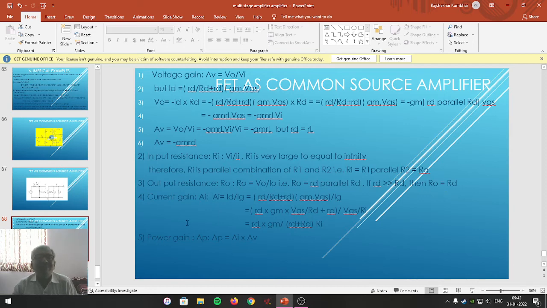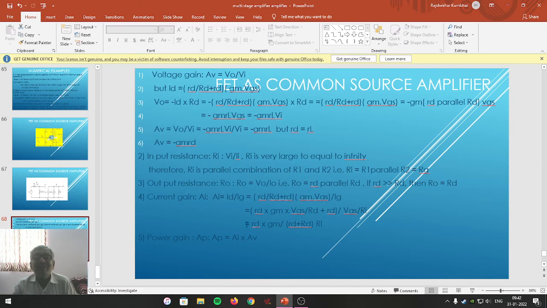Next parameter is current gain. Current gain is defined as the ratio of output current upon input current. In FET as a common source amplifier, output current is drain current ID and input current is gate current Ig, and that's why the current gain is defined as AI equal to ID upon Ig. ID we have already calculated here.